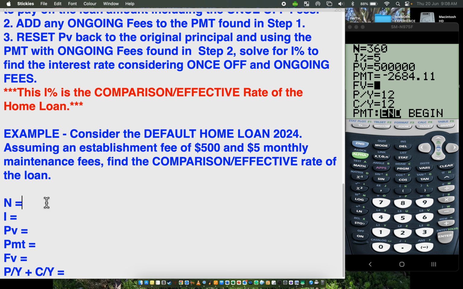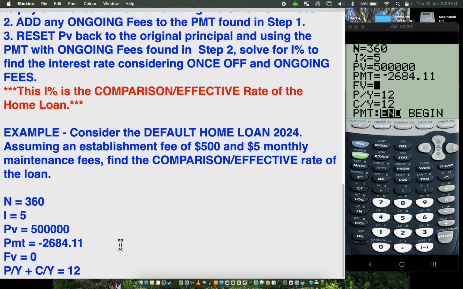So what we're working out to start off with is 360 payments, 5%, 500,000, and PMT negative 2684.11, FV 0. That's the default loan. The bank is saying it's 5%.